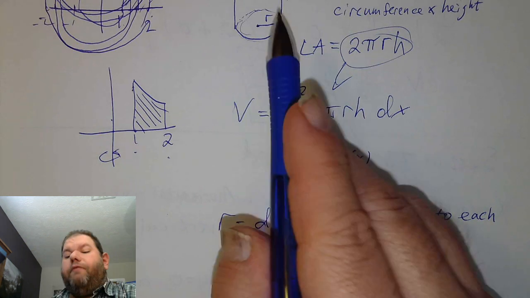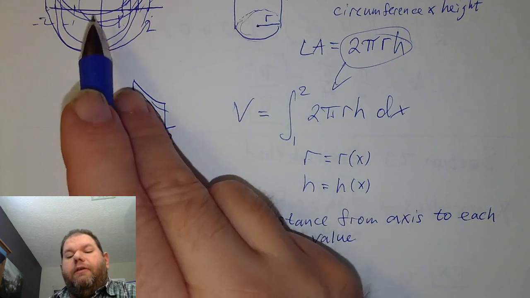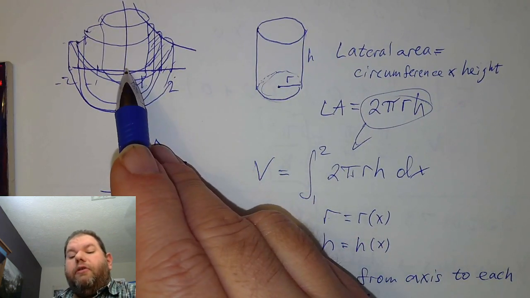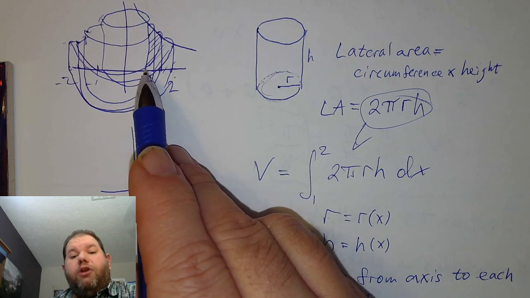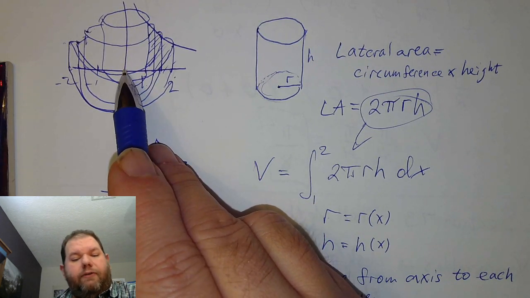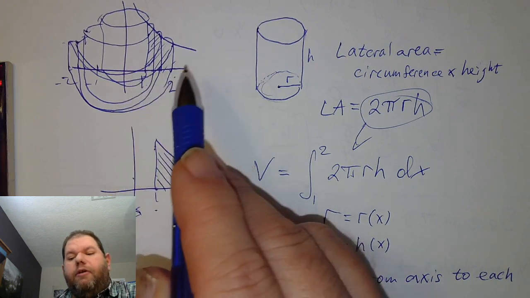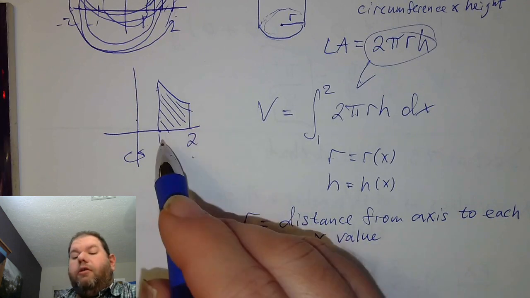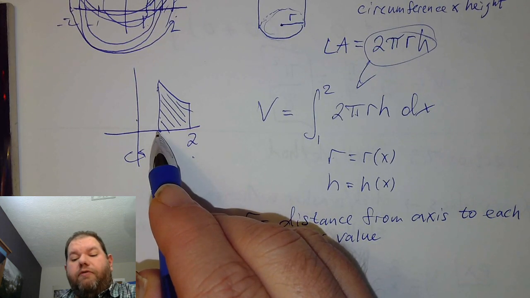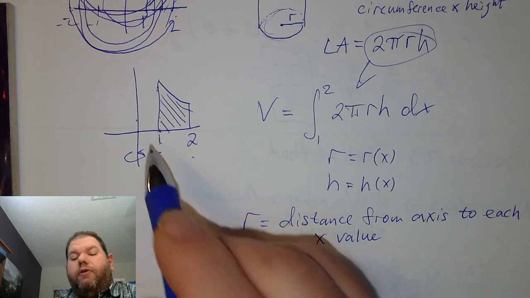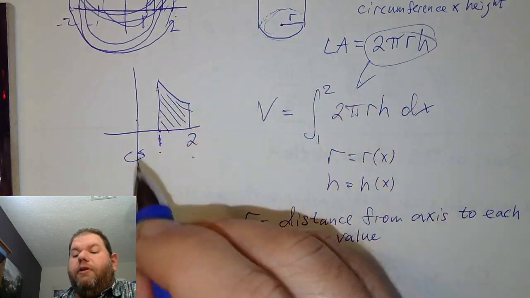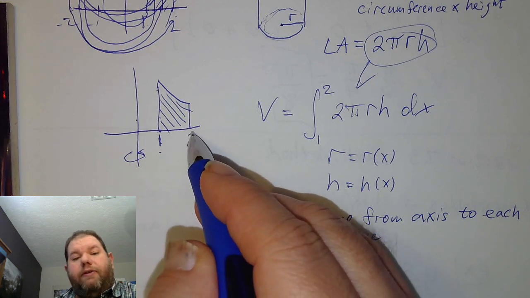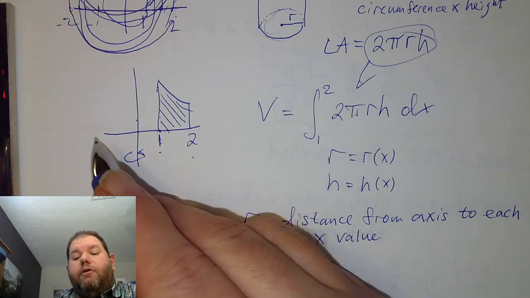Because the radius of the cylinder depends on how far away the edge is from the axis, in this case 0. If we're at this edge of the shaded region, we're 1 unit away from the axis of revolution, so it has a radius of 1, and on this side we have a radius of 2.